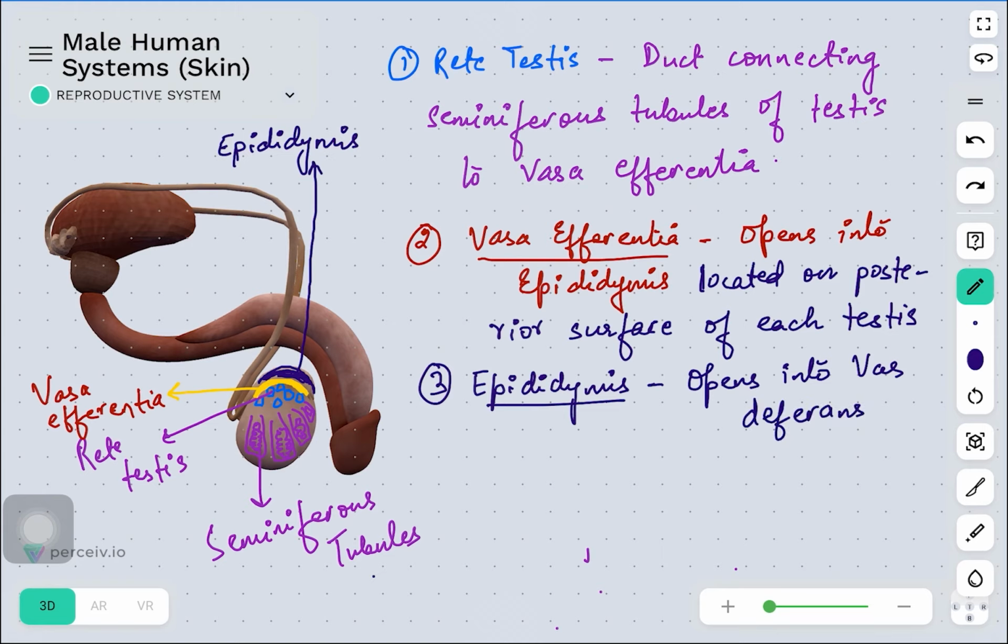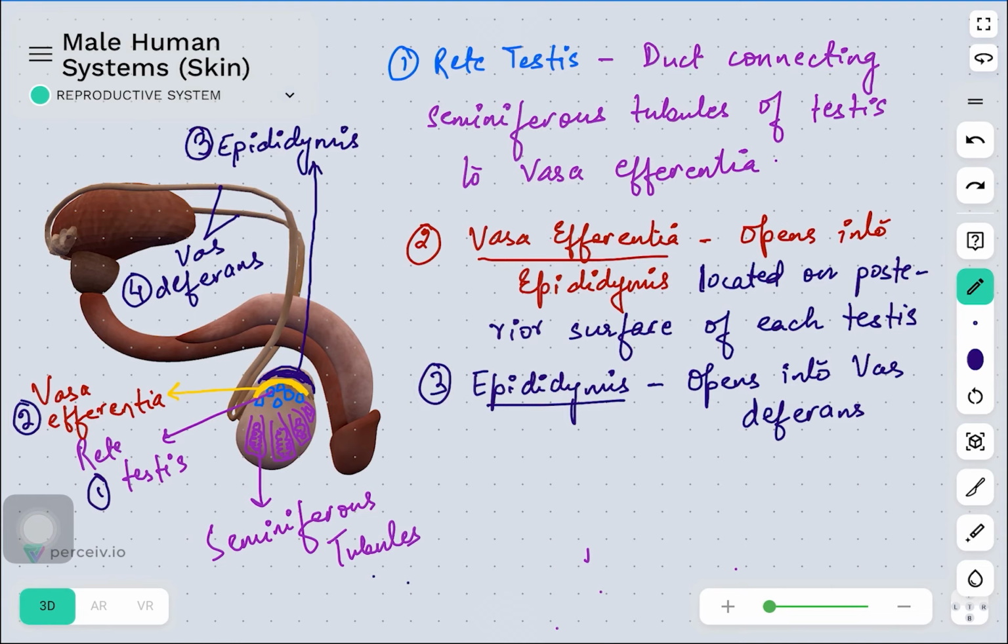So you can see how the interconnections are there. This is 1, this is 2, this is 3, and this is the fourth part, how they are connected to one another.